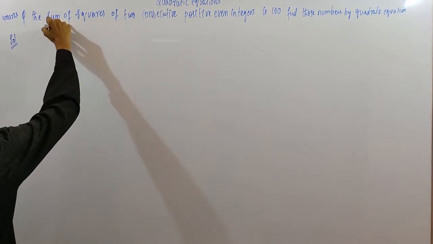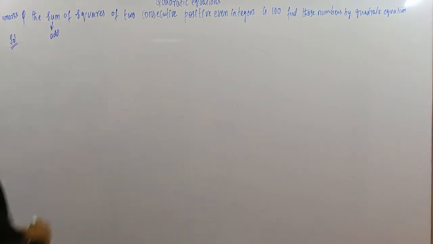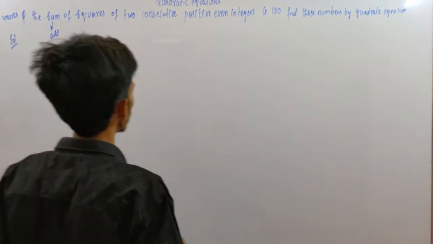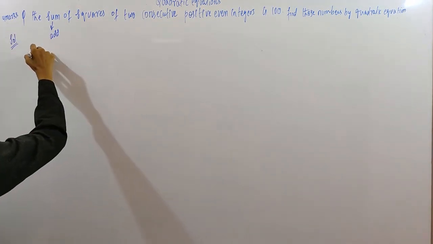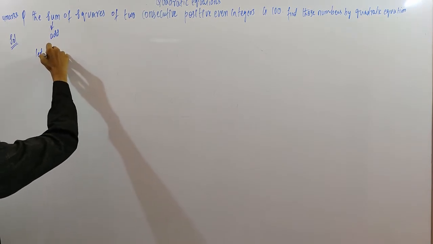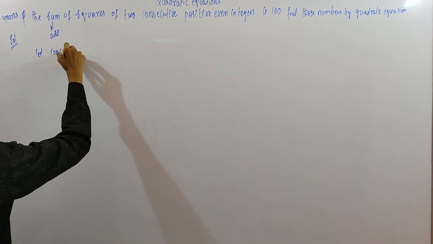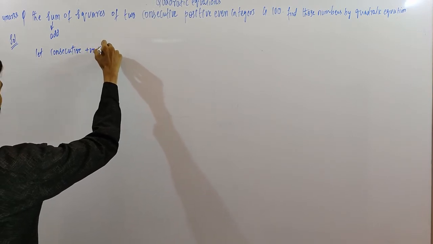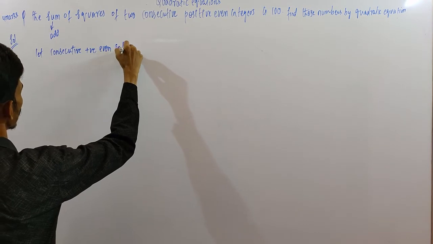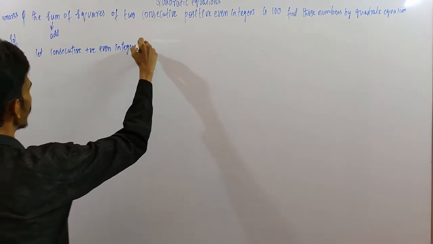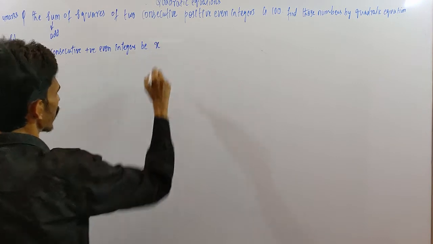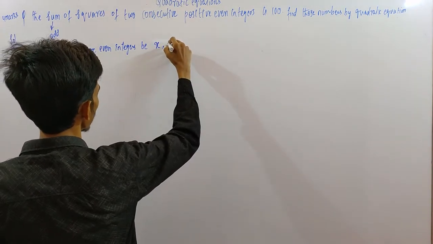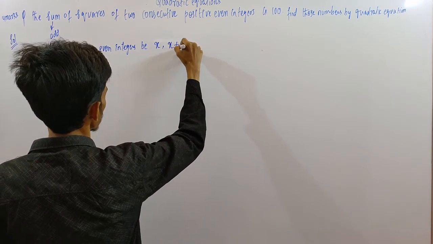Here sum means addition. Consecutive positive even integers we have to take. Okay, let the consecutive positive even integers be, take the first number be x and the next consecutive number will be x plus 2.